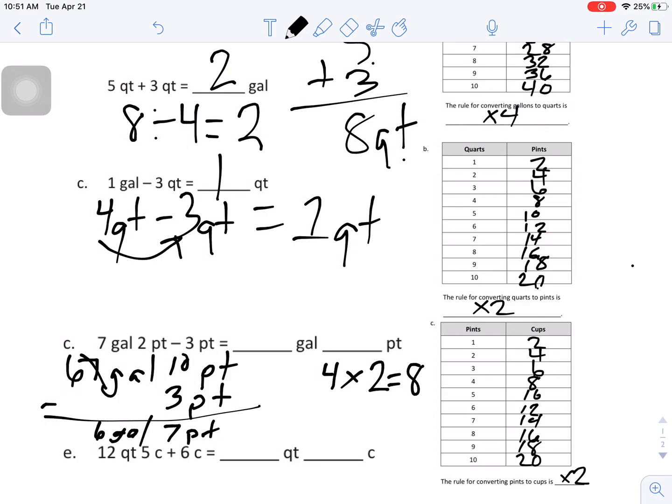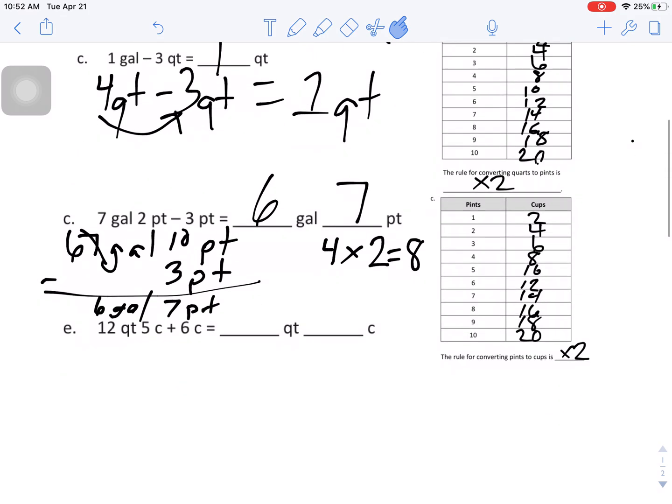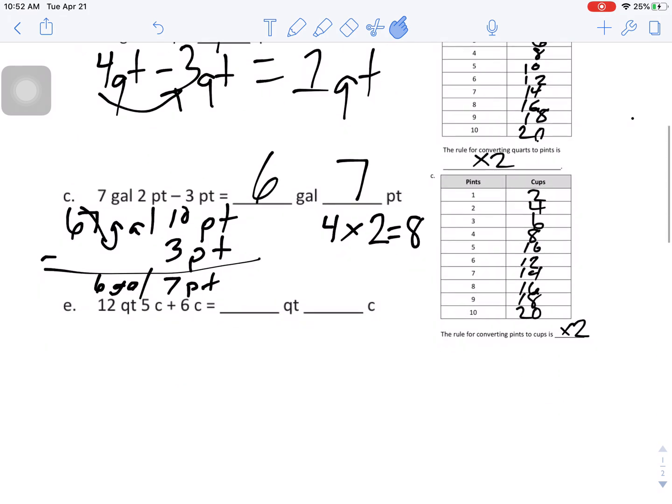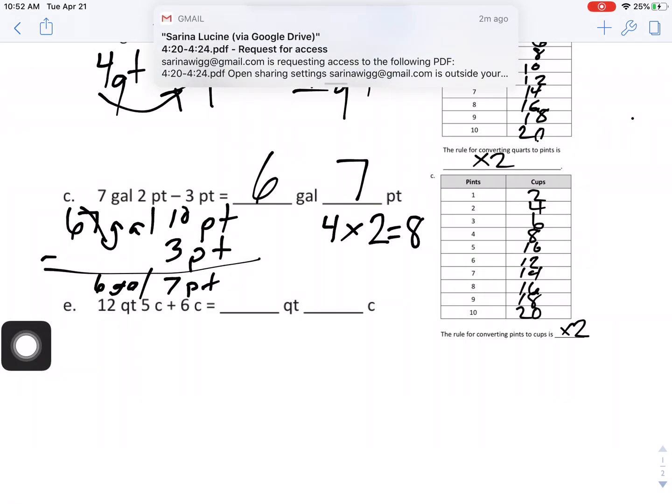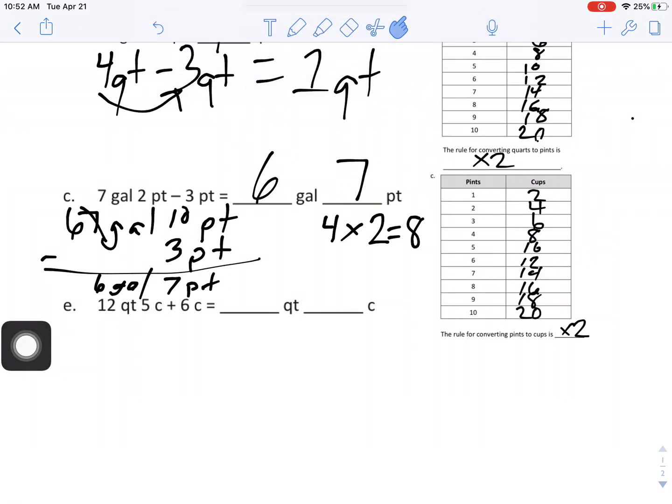So there's my answer. Notice I had to do multiple steps to find my answer. You may need extra space for those.